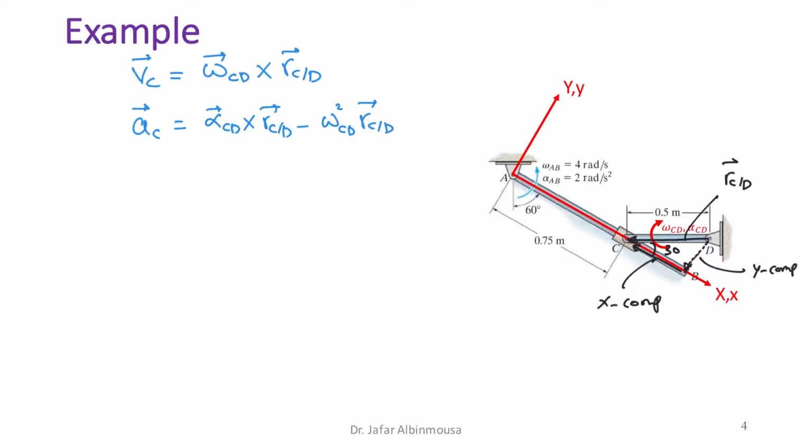So the position vector RC with respect to D is equal to minus 0.5, where 0.5 meter is the length of this part, cosine 30 i, minus 0.5 sine 30 j.